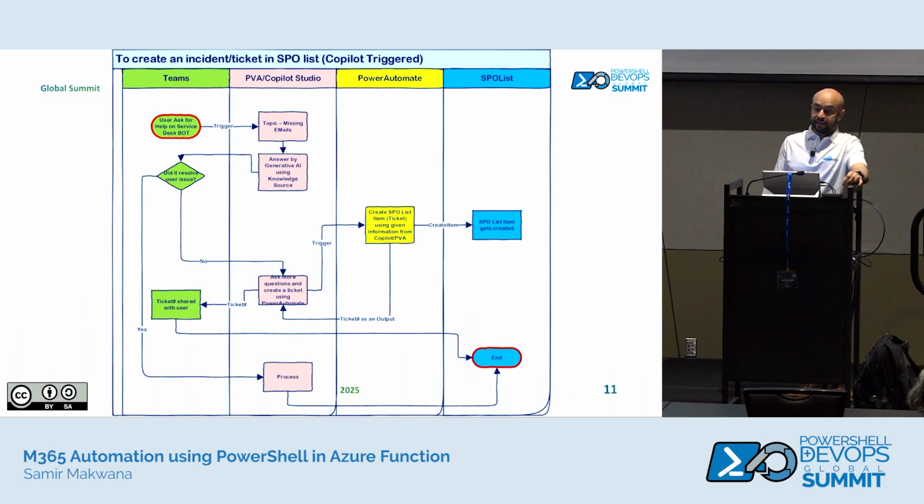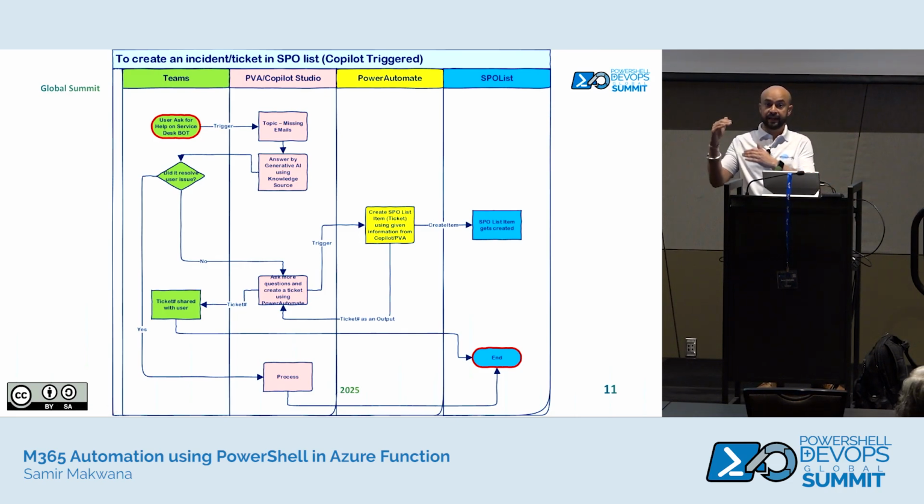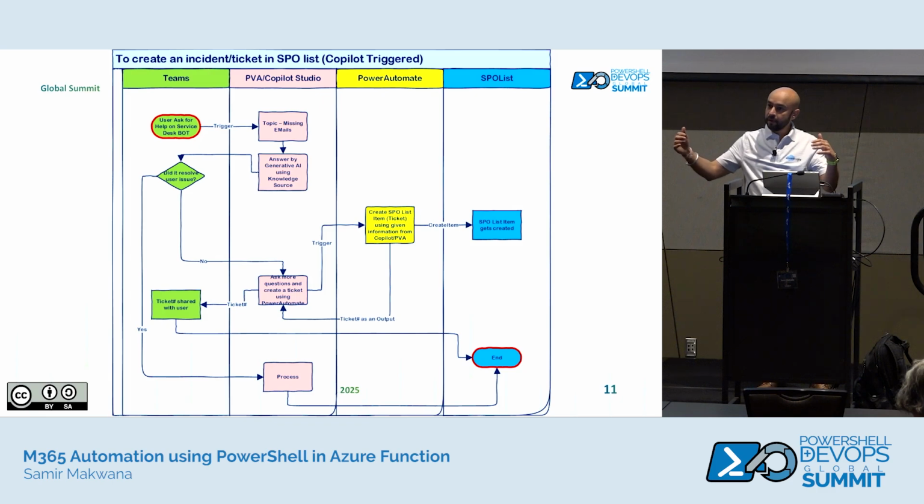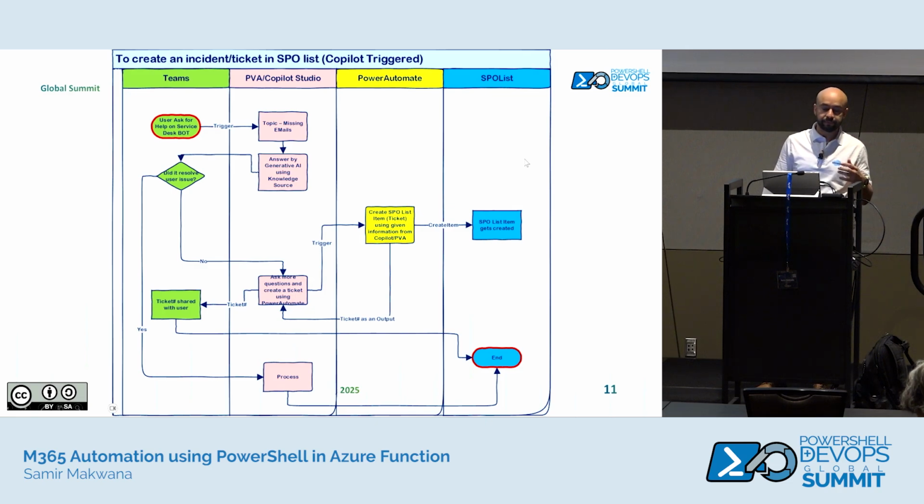So in this solution, I use Teams as a front end for the user to communicate with. Second, I use Copilot Studio Power Virtual Agents so that I can have that AI inside Teams. And then I have Power Automate and a SharePoint list. Power Automate is connecting the dots and having that flow between those agents and the ticketing tool, right? And the SharePoint list I'm using as a ticketing tool.